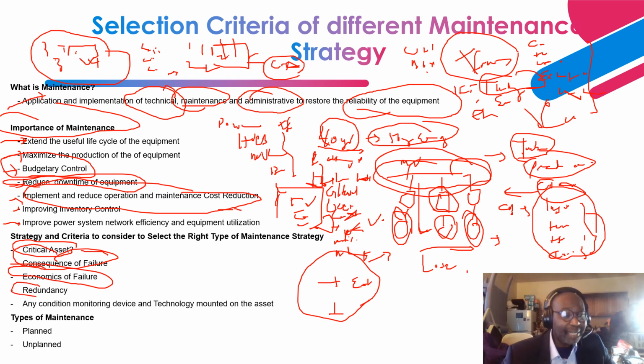Next is redundancy. You take a look at the setup, the configuration of the substation. Is there any redundancy? Let's consider 2 power transformers feeding a double-ended switchgear, double bus with a tiebreaker.